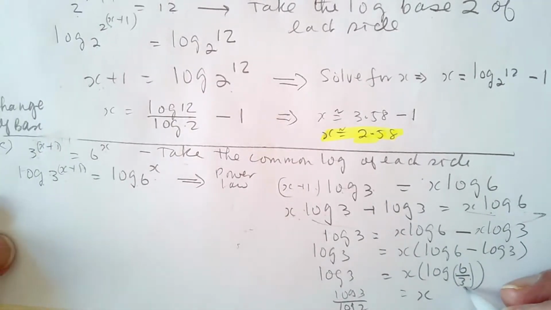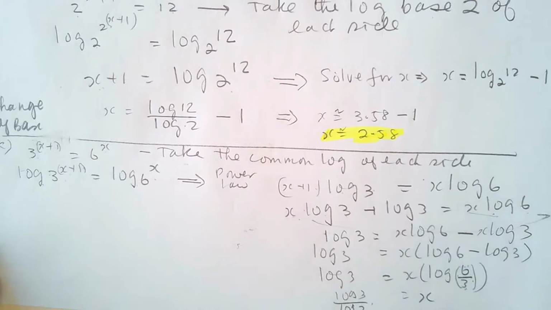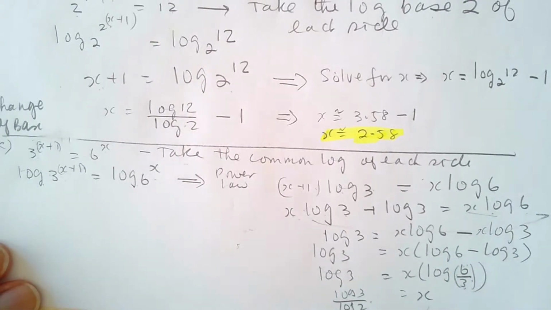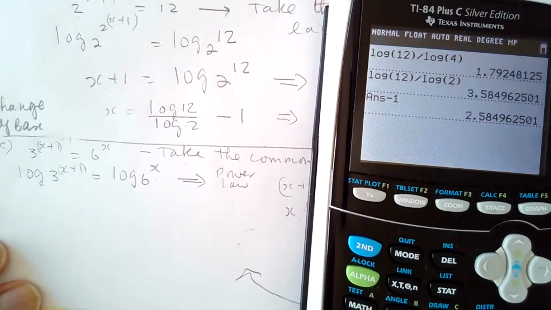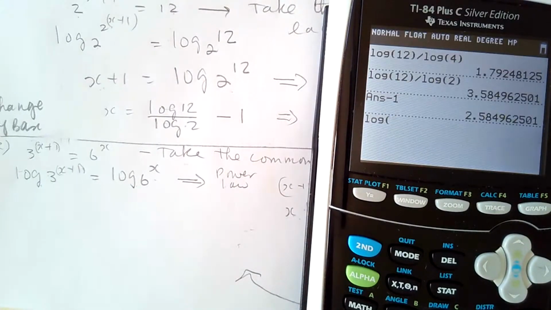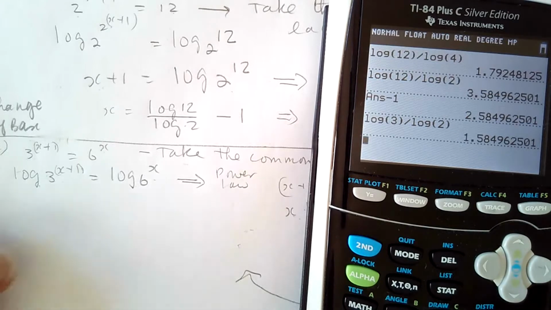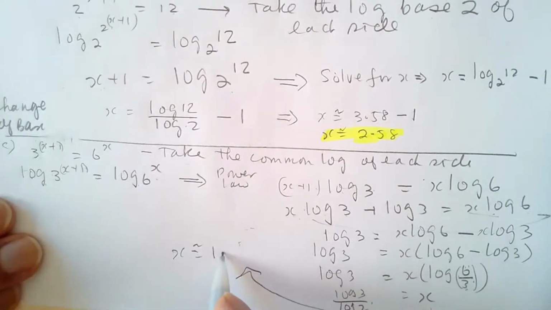So log 3 divided by log 2 in my calculator gives 1.58. So x equals approximately 1.58.